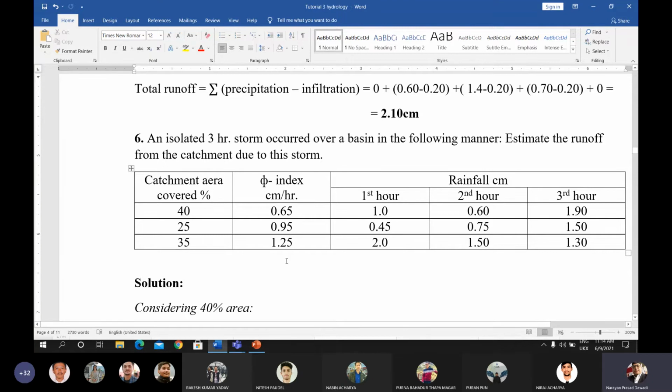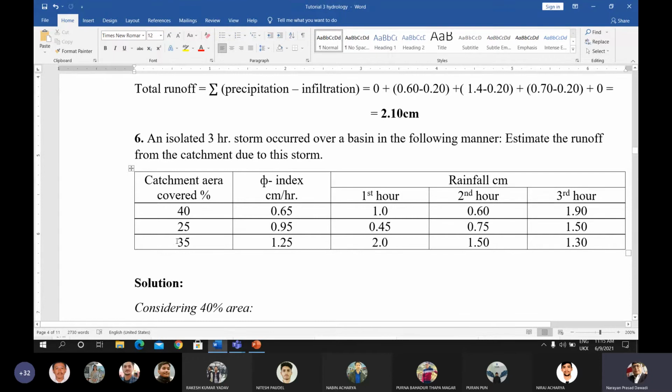Now look at the rainfall. The rainfall occurs for 3 different hours for the 40%, 25%, and 35% areas. For the 40% area, the total depth of rainfall for the first hour is 1 centimeter, for the first to second hour it is 0.60 centimeter, and for the second to third hour it is 1.90 centimeters.